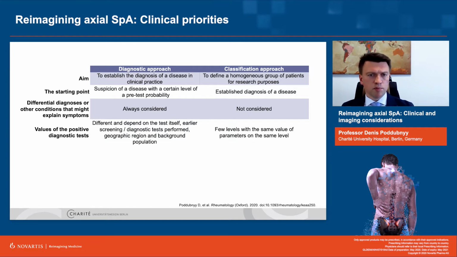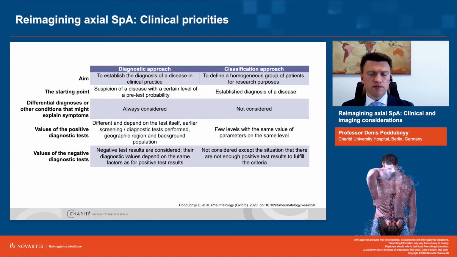In the European population, B27 positivity has a larger diagnostic role as compared to Arabian countries, to North African countries. In the classification approach, we have only a few levels of parameters with different diagnostic or classification value, and within the same level, all the parameters have more or less the same value.